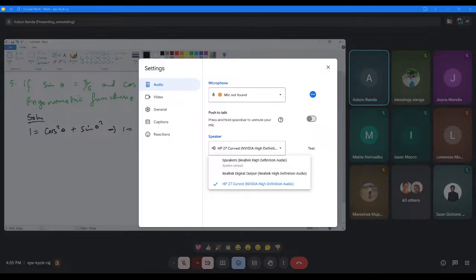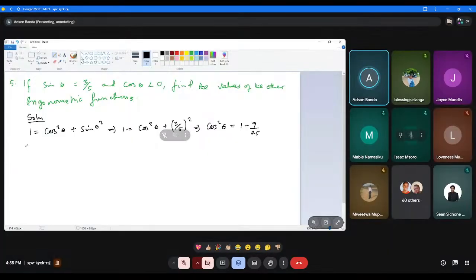But then, what is 1 minus 9/25? So the cosine squared of theta will be equal to 25 minus 9 over 25. And 25 minus 9 will be 16/25.